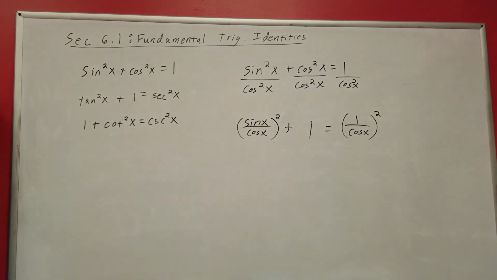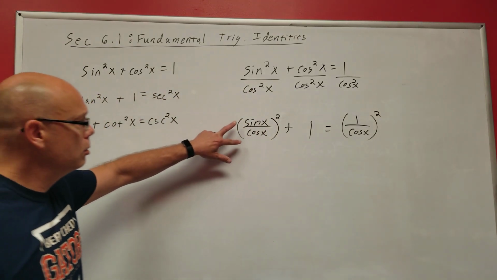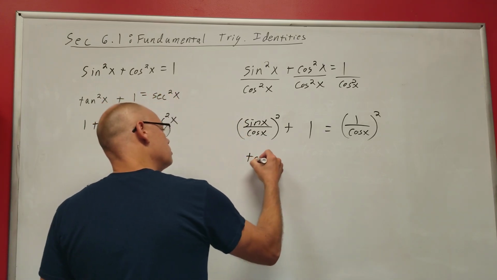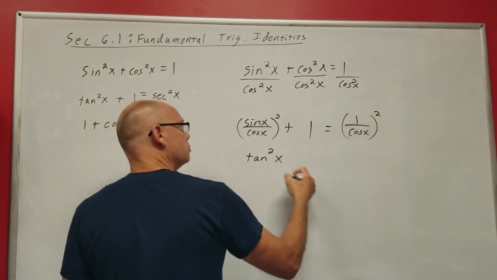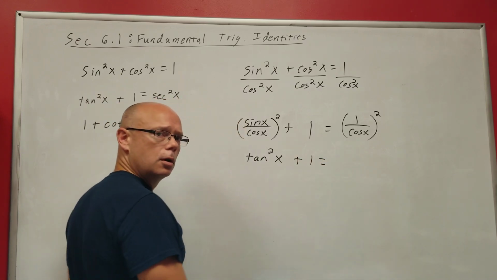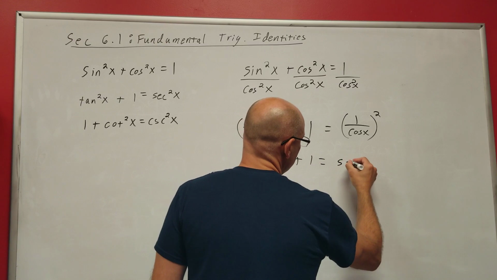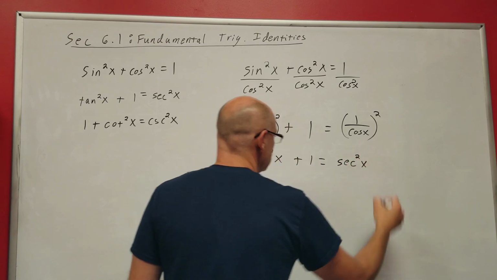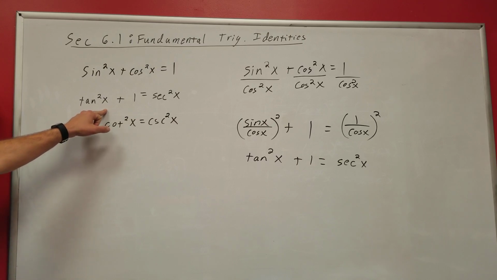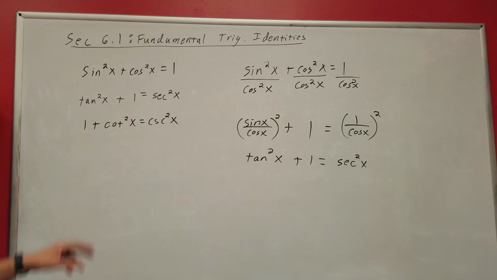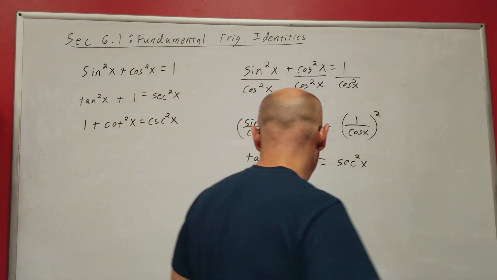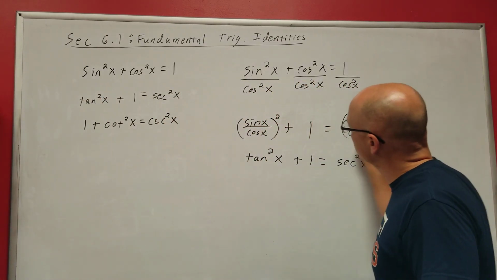Now, what's another name for sine over cosine? Tangent, right? I need it squared. Plus 1 is equal to, what's another name for 1 over cosine? Secant of x, but I need it squared. What does that look like? That looks like the second one, right? So if you're struggling on a test or whatever, can't remember, just divide by sine and just divide by cosine. You got the other two.